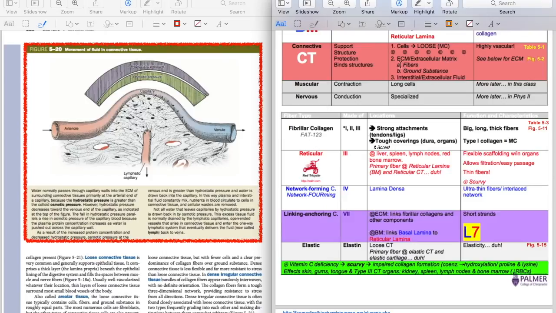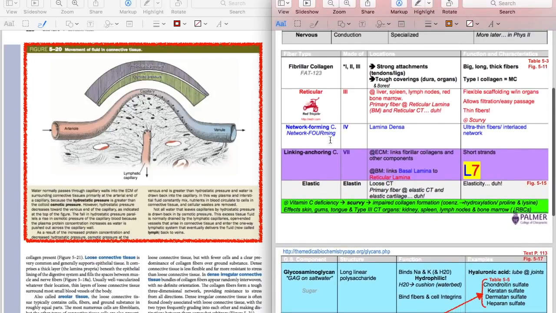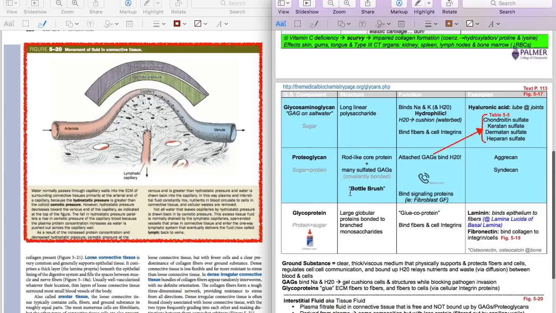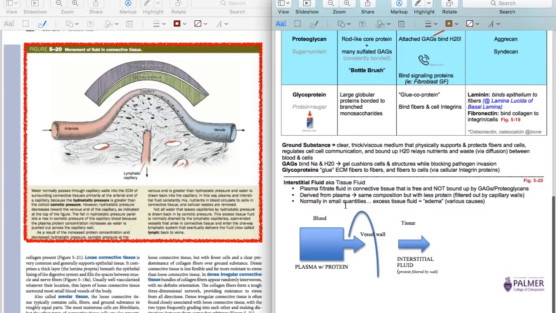Well, then it's fibers and ground substance. Okay, there will be cells within, between the extracellular matrix, but fibers and ground substance make up the matrix. They form the matrix. All of these types of fibers and all of these types of ground substance components form the matrix.